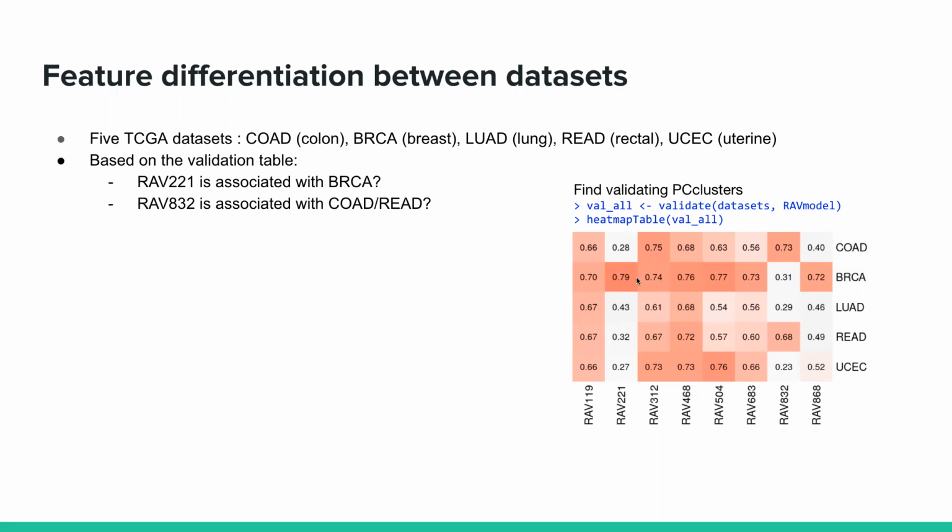So we find here, and this is just the top listing of RAVs based on ones with the top scores, we see clearly there is one RAV that is fairly specific to breast cancer, and one that is fairly specific to colon adenocarcinomas and rectal adenocarcinomas.